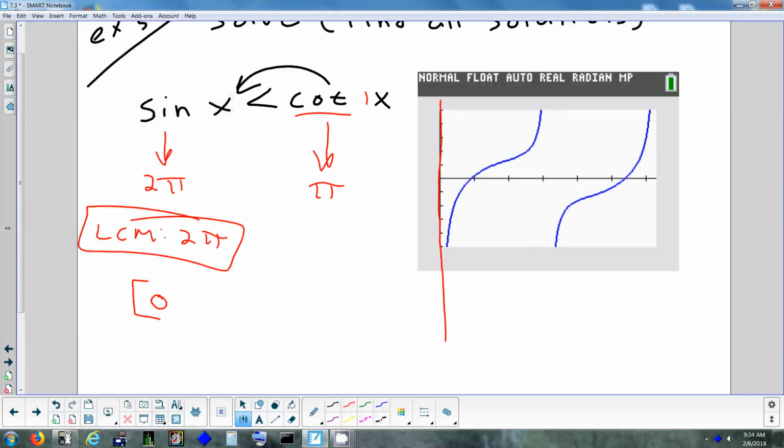I always include the left. The very, very right edge of that window technically is a repeat of the very, very left edge. So don't include both. So we're going from 0 up to right there. That's my first interval where that graph is less than 0.